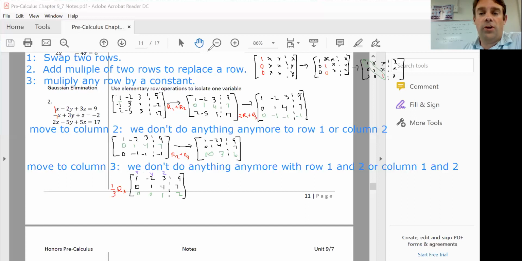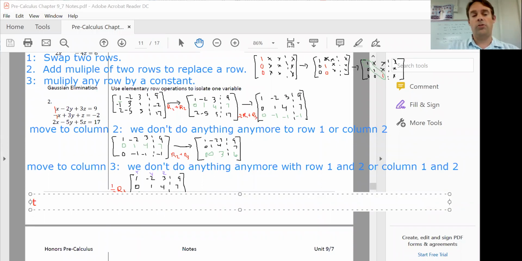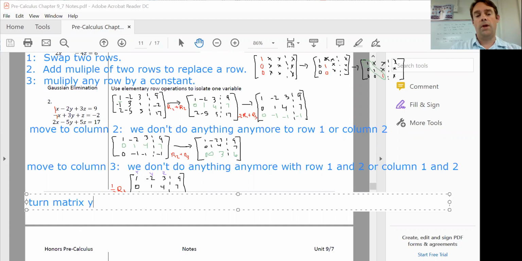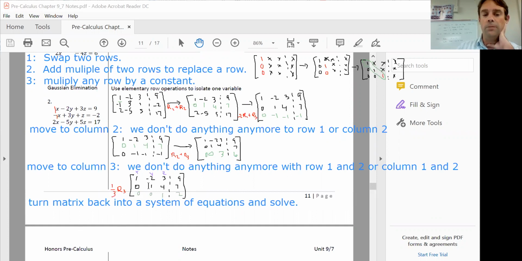So at this point in time, we're going to turn our matrices back into our equations and solve the system. So our first row, that doesn't do anything for us.